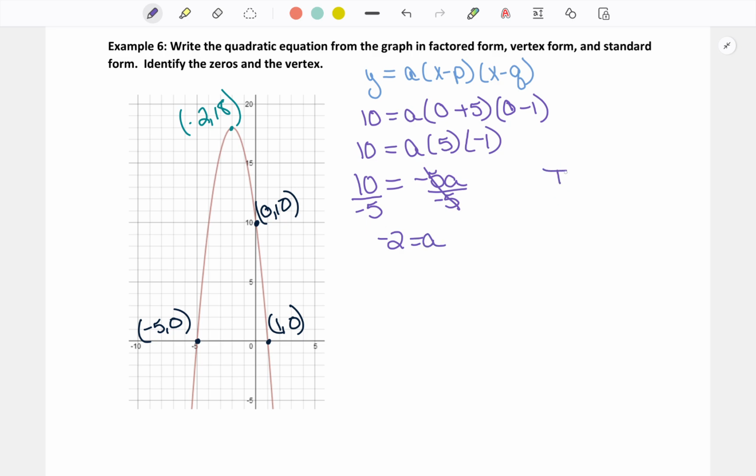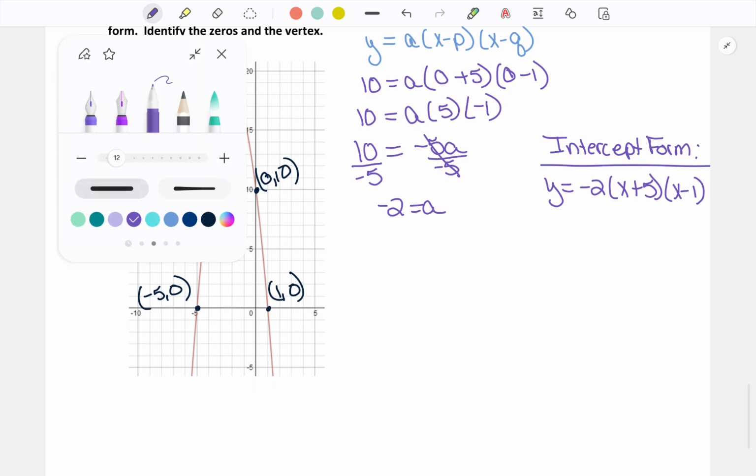So intercept form is going to be y equals negative 2 times x plus 5 times x minus 1.